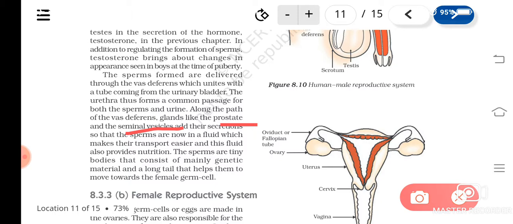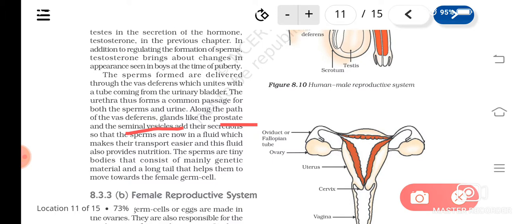The secretions of various glands make the transport of sperms easier and also give nourishment. So the various glands secrete various secretions, and the sperms will be present inside that. The function of the secretion is to help in the movement of sperms, and it also gives nourishment.